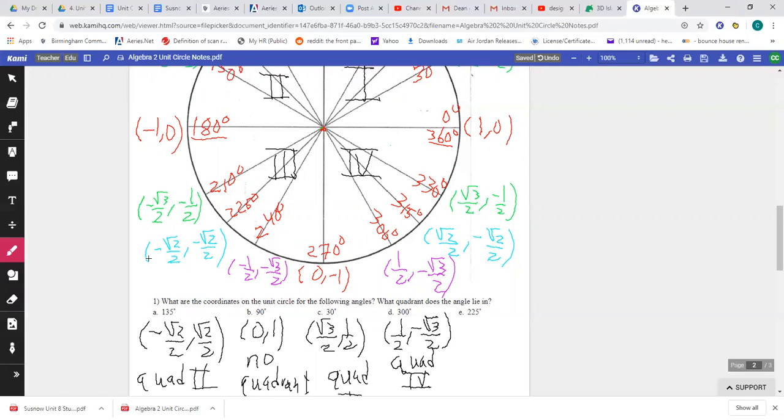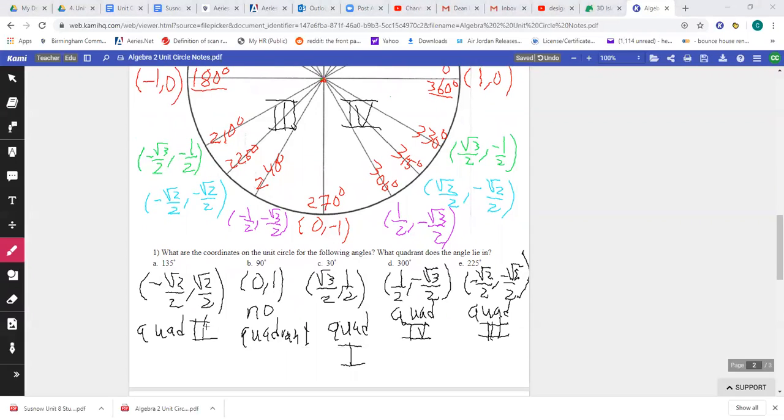You find its coordinate, negative root 2 over 2, negative root 2 over 2, and it is in quadrant 3. Okay? Any questions on that? That should be super simple.